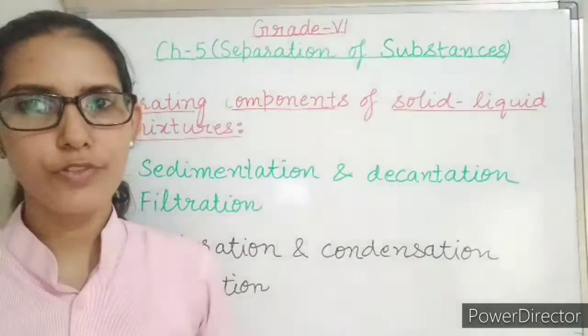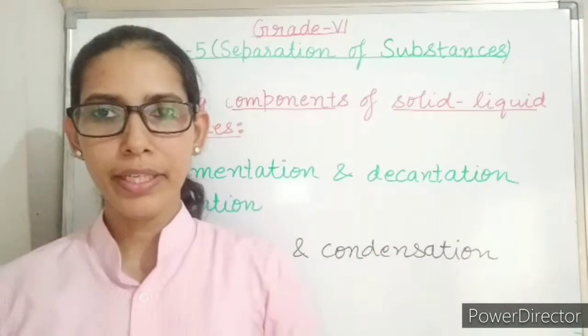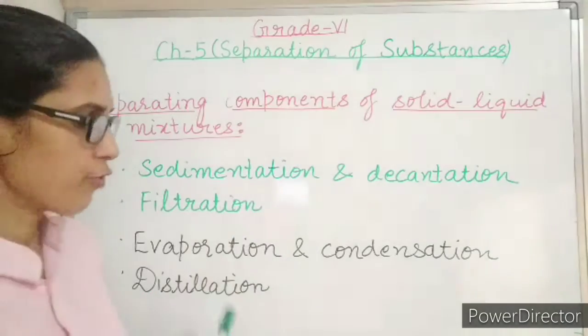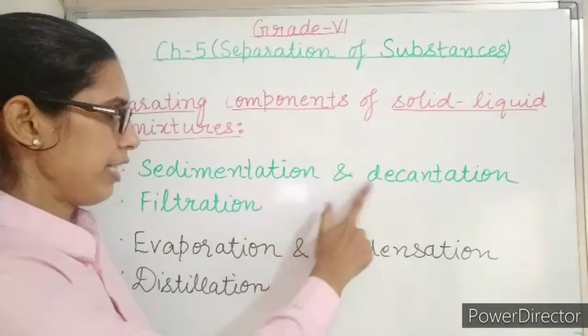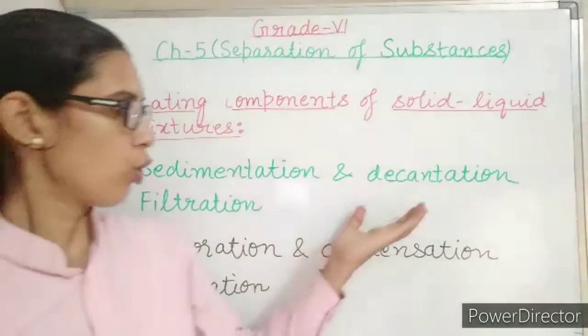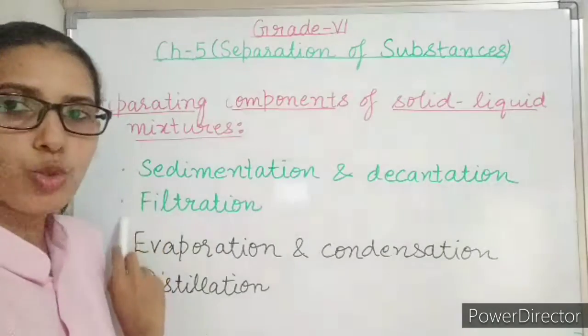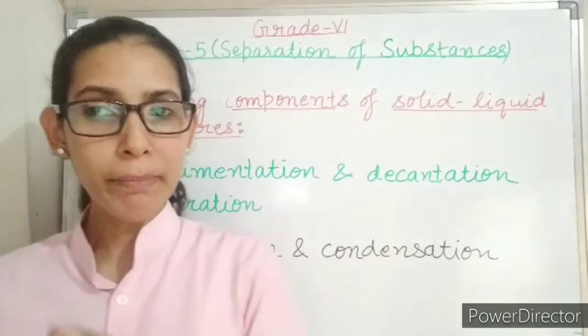Now we will see methods for separating the components of solid-liquid mixtures. Here we will just see these four methods. First, discuss sedimentation and decantation and then filtration. So these methods are used to separate insoluble solids from liquid.